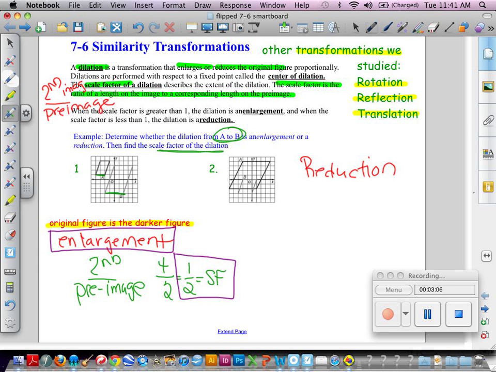And so now I need to find my scale factor. That's what they asked me to do next. I need to do A to B. So I went from here to here when I counted them. And again, I need to do my second figure over my pre-image.